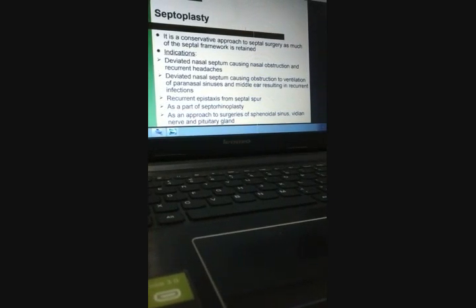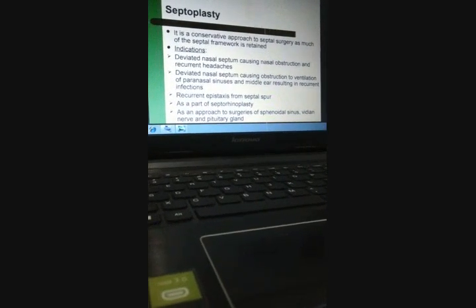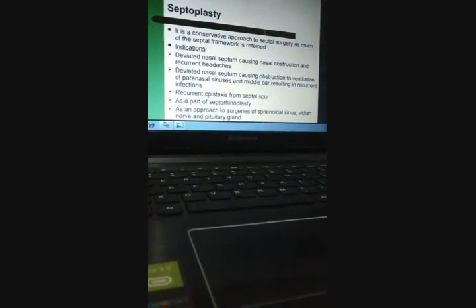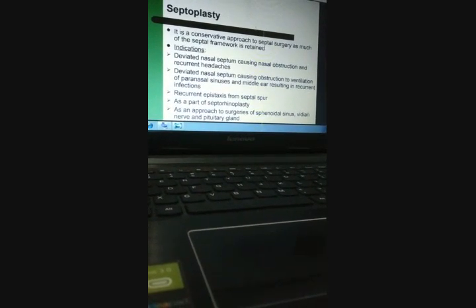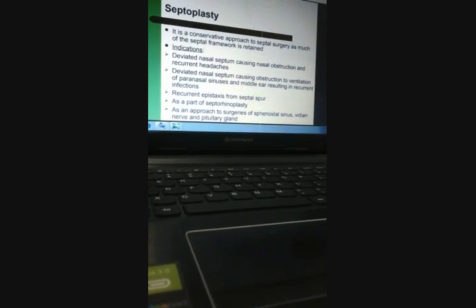What are the indications? So this is deviated nasal septum causing nasal obstruction and recurrent headaches. Deviated nasal septum causing obstruction to ventilation of paranasal sinuses and middle ear resulting in recurrent infections.